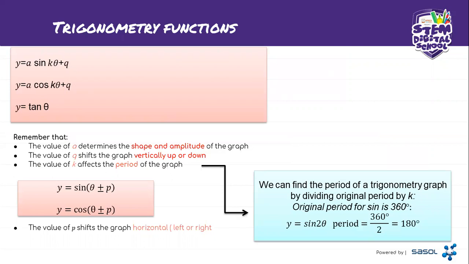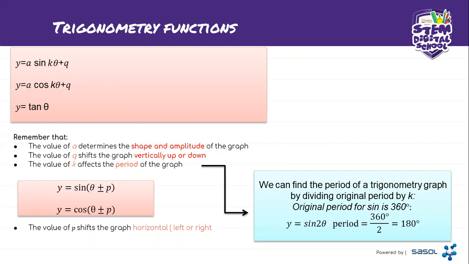And then when we enter trig functions, before we start, I just want us to remind ourselves, especially for these parameters A, K, and Q, what is the effect of those parameters.